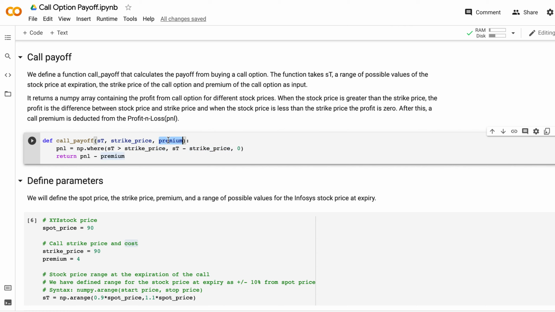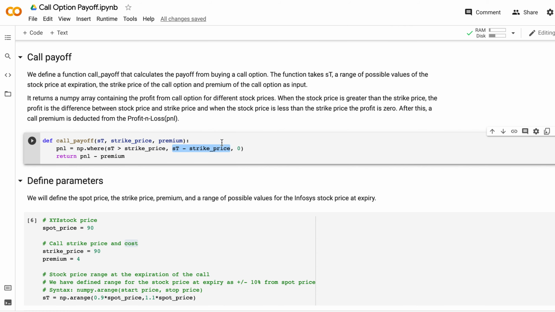And the premium is how much you pay to own that contract that gives you the right but not the obligation, right? So the P&L calculates like that. So you compare the stock price with the strike price. If the stock price is greater than the strike price, then you are in profit, right? Then you say if that condition is true, then the stock price minus the strike price.